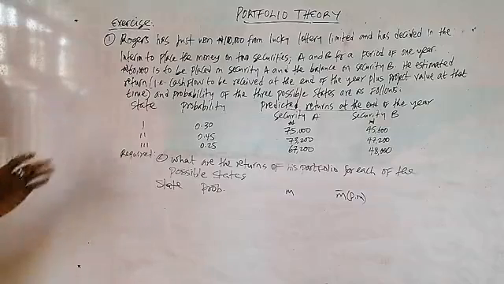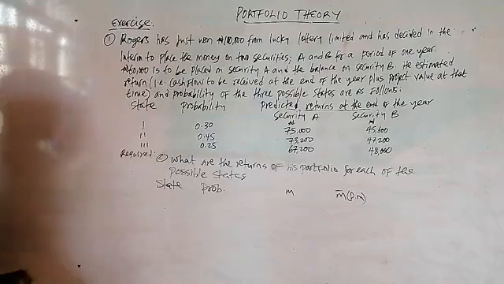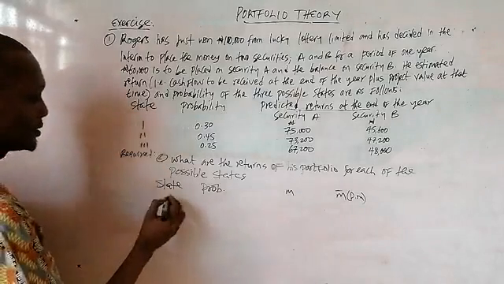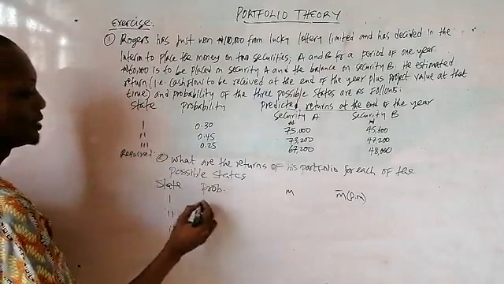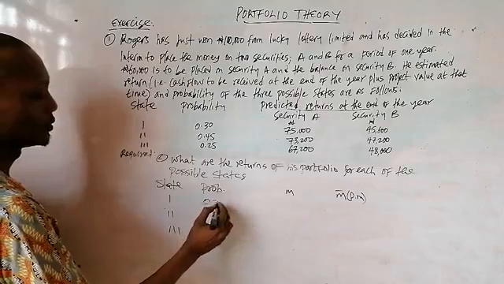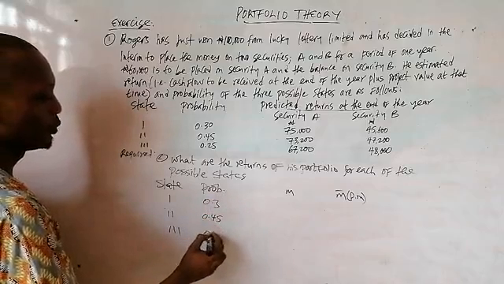So we are asked to calculate the return now. Let's have the states, state 1, state 2, state 3. The probability still remains the same: 0.3, 0.45, 0.25.